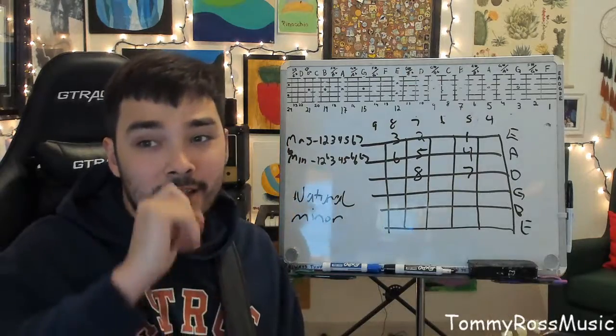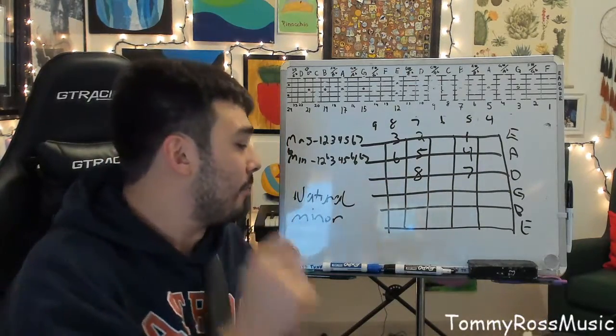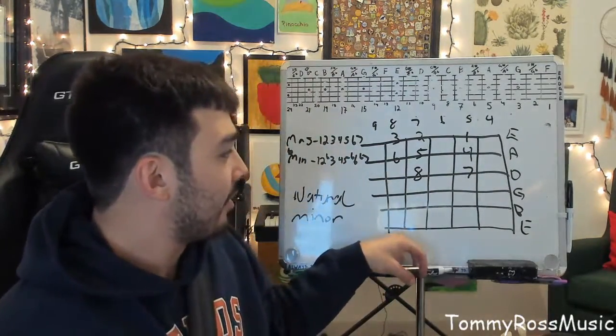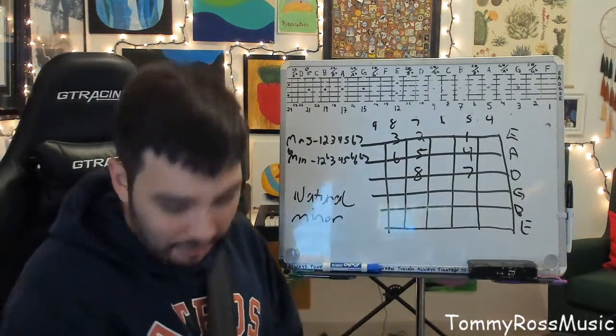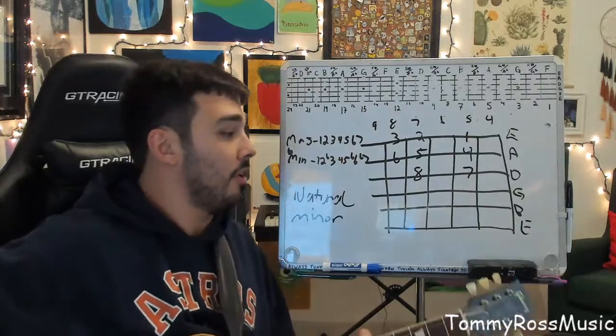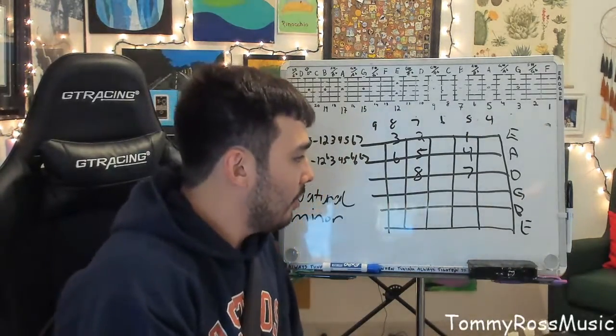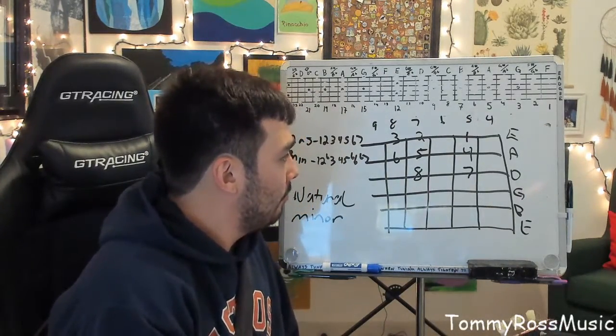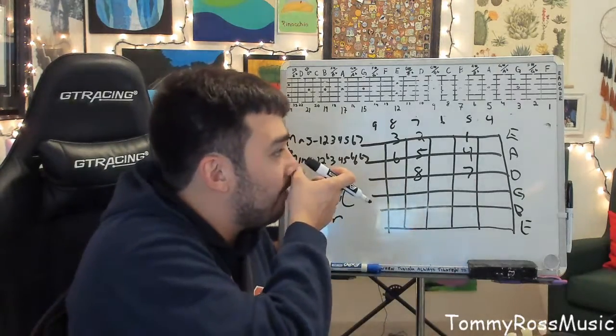So that means when we talk about the minor third and the minor seventh, those are going to fall in different spots than what they would if we were talking about a major seventh chord and whatnot. So you got to be aware of that.